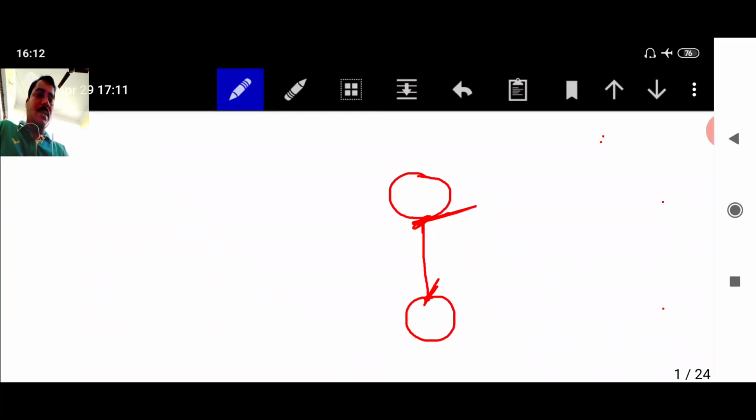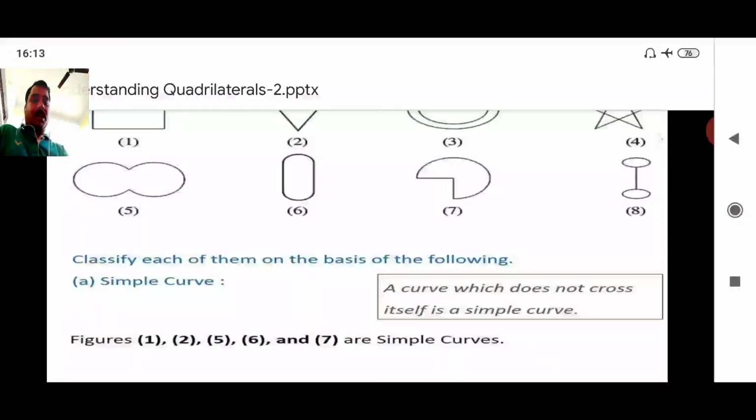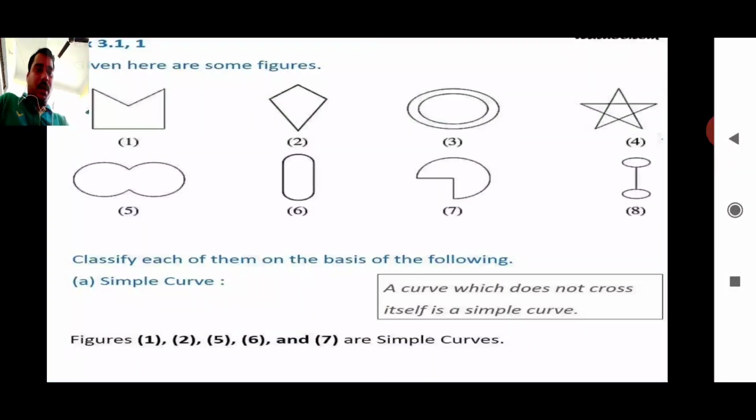So, it is not simple, because in a simple curve it is a condition that we cannot retrace any part of the drawing, okay. So, it is clear to you, first, second, fifth, sixth and seventh are simple curves.